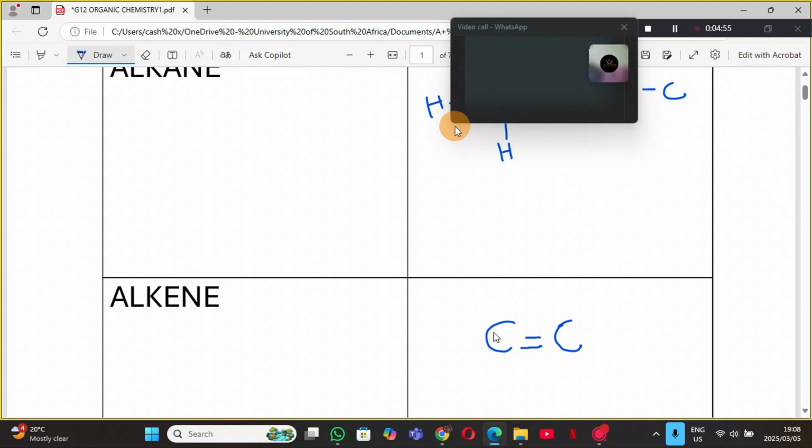So that means that this carbon will now have to have 2 hydrogens and another hydrogen. And then this side, if this is the end of the compound, it will also only have 2 hydrogens. But if it continues, that means this one already has how many? 1, 2, 3. 3, meaning it's remaining with 1, so it can only have 1 H.